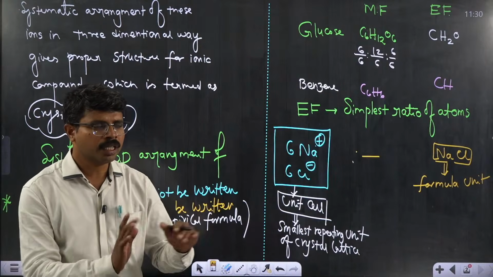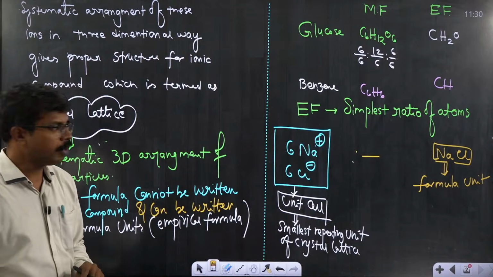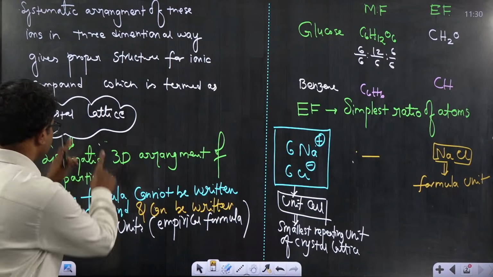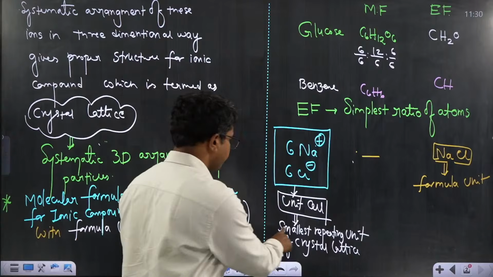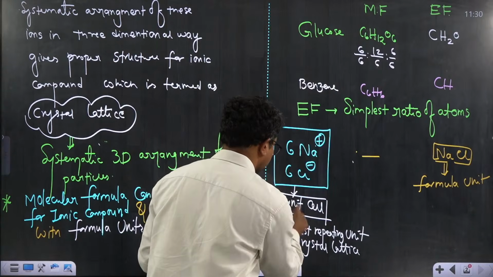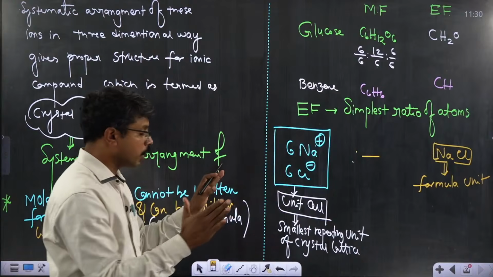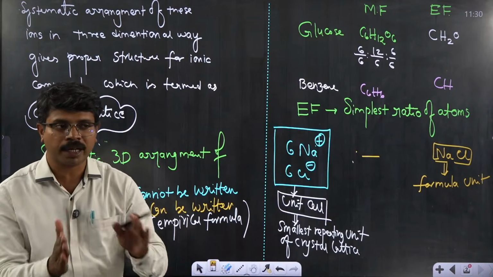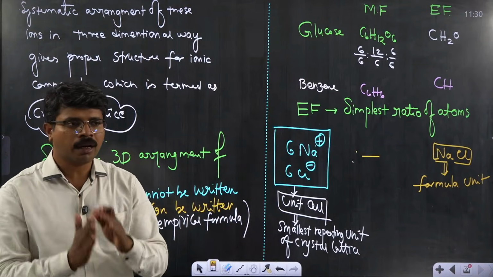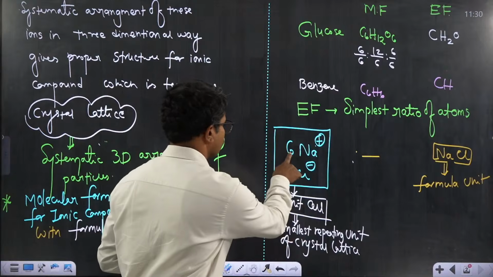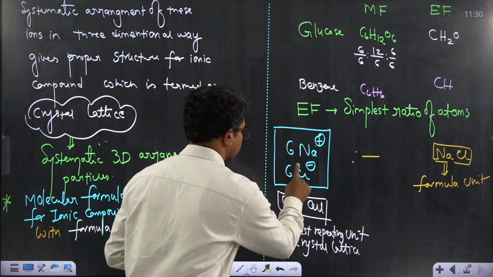We will be moving on to the next point. Okay. So as I told, the smallest repeating unit of crystal lattice is itself the unit cell. If you talk about one unit cell of NaCl, one unit cell of NaCl contains 6 Na plus and 6 Cl minus.